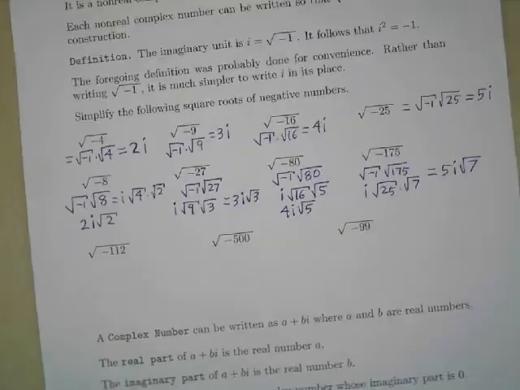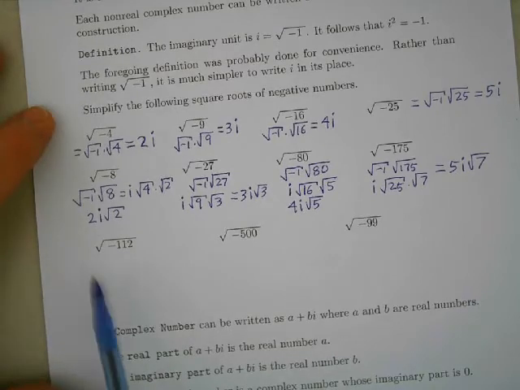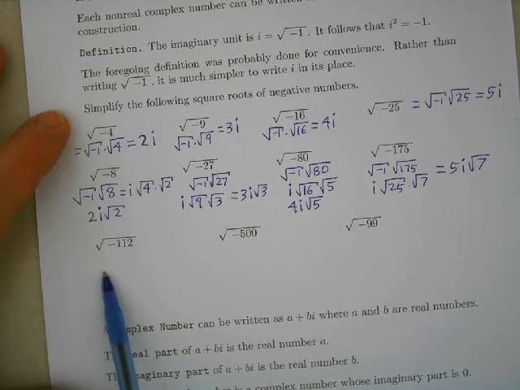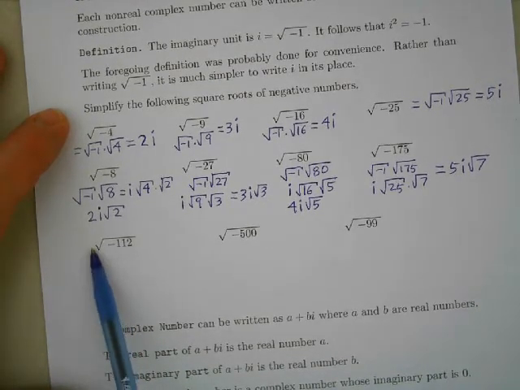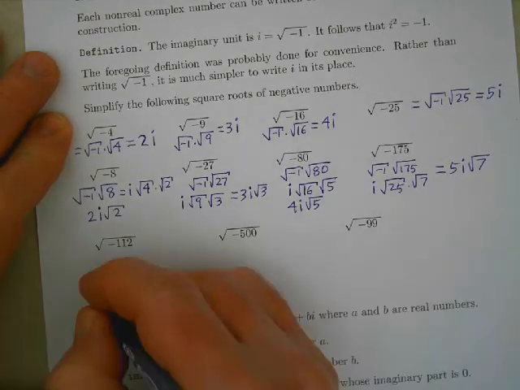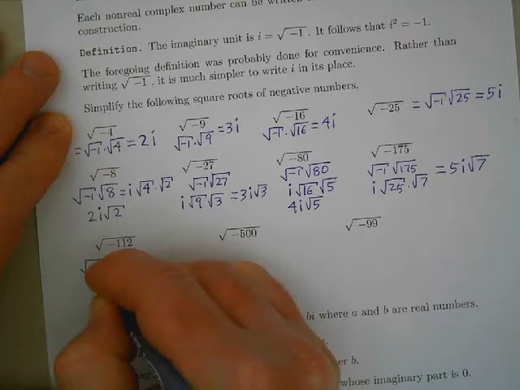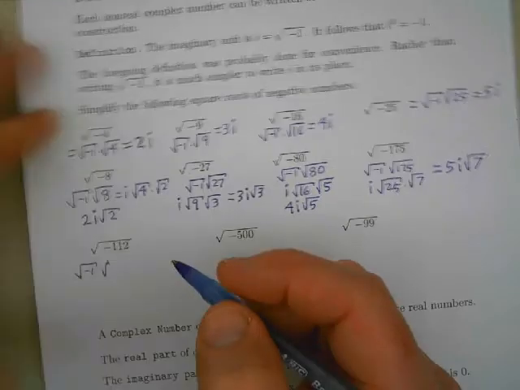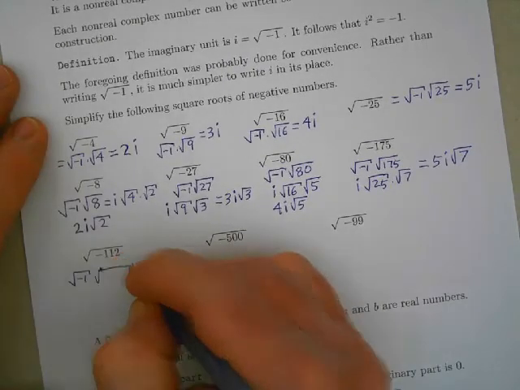Okay, and the next three, a couple of these numbers are a little bigger. The square root of negative 112, we'll start by writing it as the square root of negative 1 times the square root of 112.